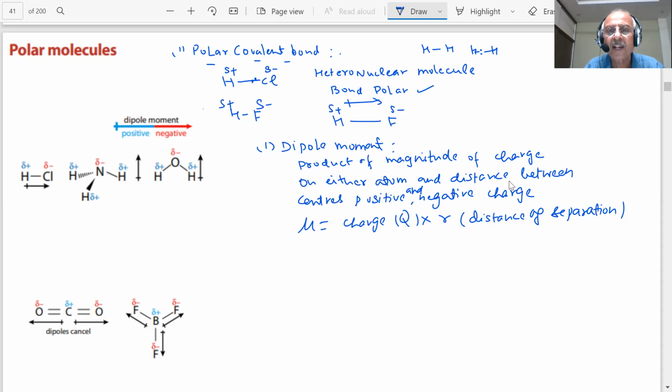This is usually expressed in a unit which we call debye, small letter d, and 1 D is equal to 3.33564 into 10 to the minus 30 coulomb meter. Coulomb is the SI unit of charge. Meter is the SI unit of distance. Is it okay?